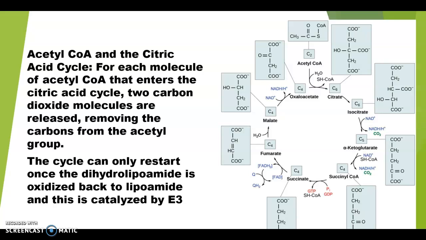For each molecule of acetyl-CoA that enters the citric acid cycle, two carbon dioxide molecules are released, removing the carbons from the acetyl group. The cycle can only restart once the dihydrolipoamide is oxidized back to lipoamide, and this is catalyzed by E3.